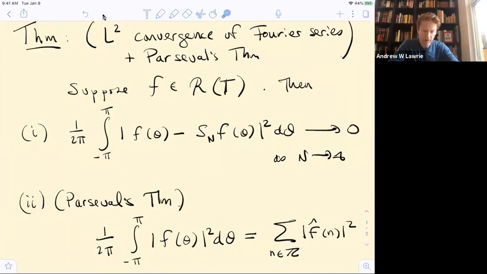So we're going to ask about convergence of Fourier series, but in yet a different way: convergence in this integrated sense, what I call the L2 integrated sense. Let me get to the bottom of what I mean by this.